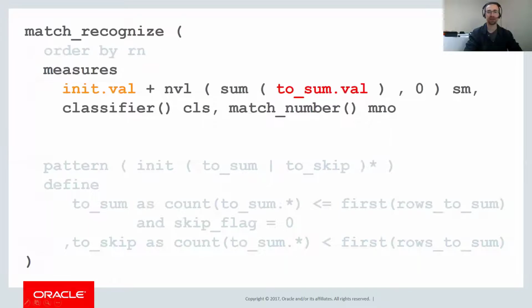And so we need something a bit like this. We've got our init val, the value from the pattern variable init, and then we need to sum up all the rows that match the toSum variable. Now note, I've got this NVL around here because there might be none. If you recall, some of those rows didn't want to sum anything after them.